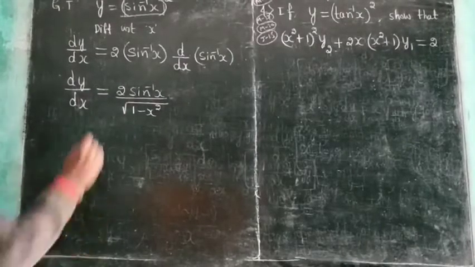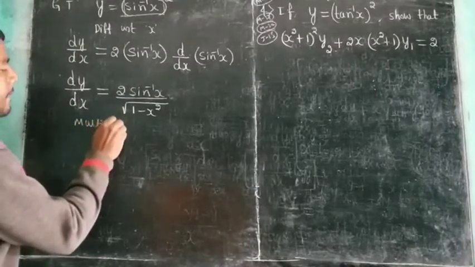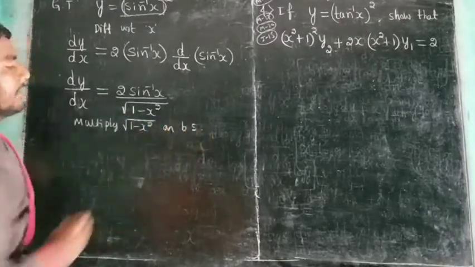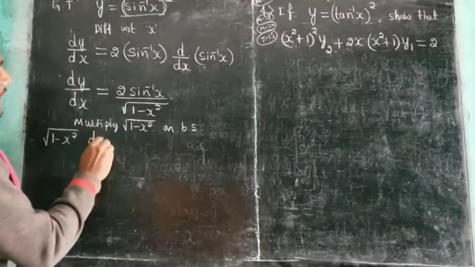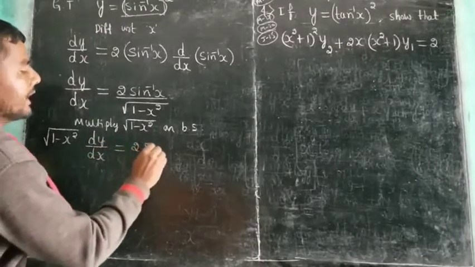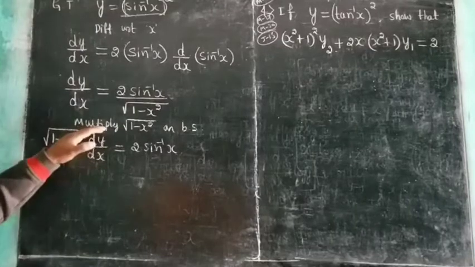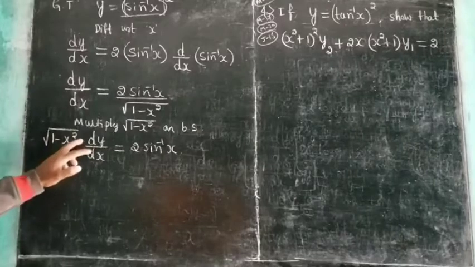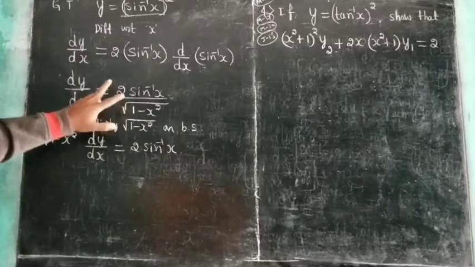Then cross multiply, or in other words multiply root of 1 minus x square on both sides. It becomes root of 1 minus x square into dy divided by dx is equal to 2 into sin inverse x. Because if we multiply root of 1 minus x square on both sides, then it becomes root of 1 minus x square into dy by dx. Root of 1 minus x square, root of 1 minus x square, both are cancelled.